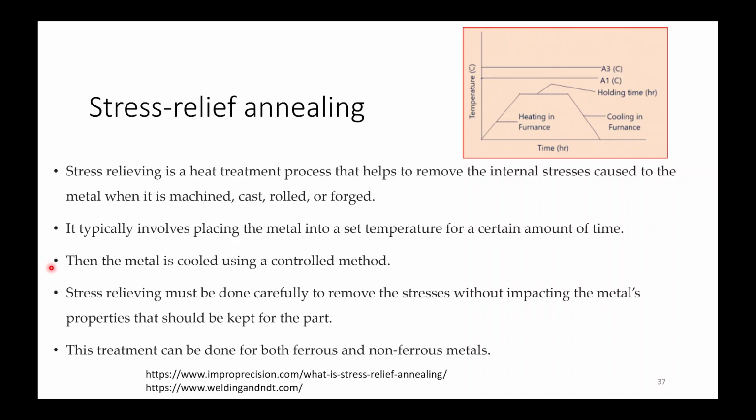Then the metal is cooled using a controlled method, and the stress relieving must be done carefully, because if you cool at a higher rate, it might again introduce some stresses in the metal, and it must be done without impacting the metal's properties that should be kept for the part. This treatment can be done for both ferrous and non-ferrous metals.